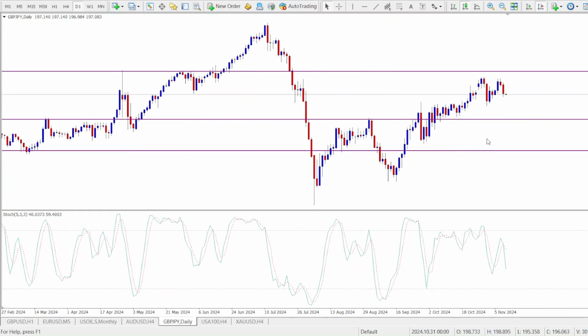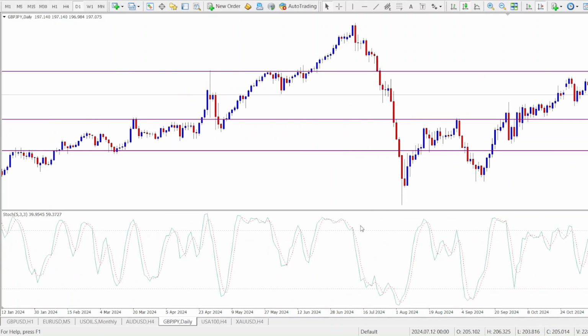And now let us look at the sell opportunity. We can see here that we had a bearish crossover, we had the percentage K line cross below the percentage D line in the overbought territory, and then shortly afterwards we can see how the price dropped significantly. So we would have considered entering a sell trade somewhere around here, and then we could have set our stop loss just right above the swing high, and then for a take profit we would have waited for the stochastic oscillator to get into the oversold territory and then make a significant bullish crossover.